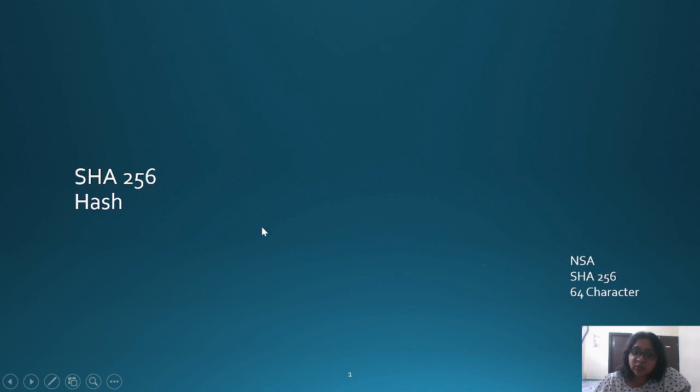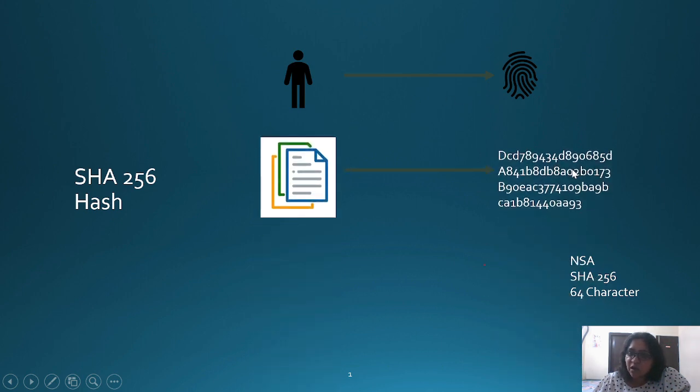How does the hash algorithm work? This is called the secure hash algorithm, with 64 characters. Why 64 characters? Because 16 characters are used for this, and 4 bits multiplied will come to 64 characters. This is how the cryptographic hash comes into the picture for any document. It is not required to be only a document.